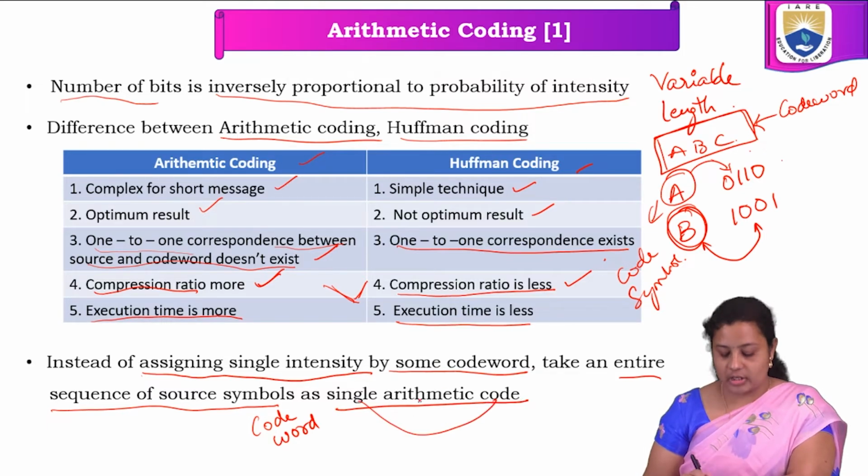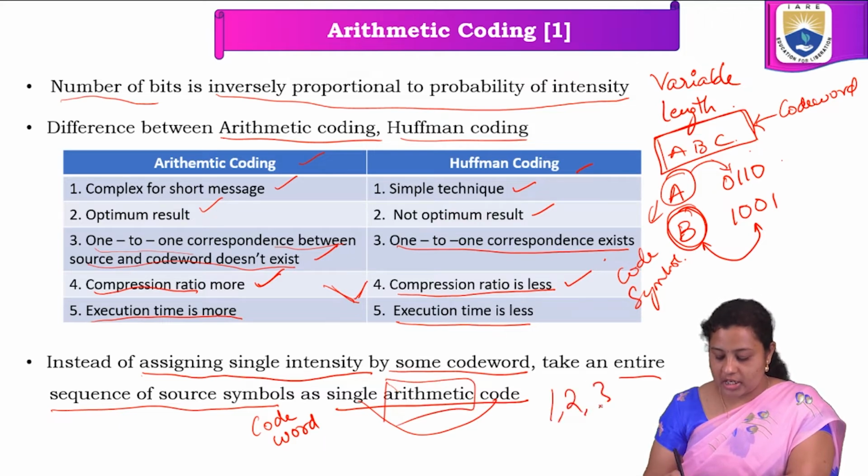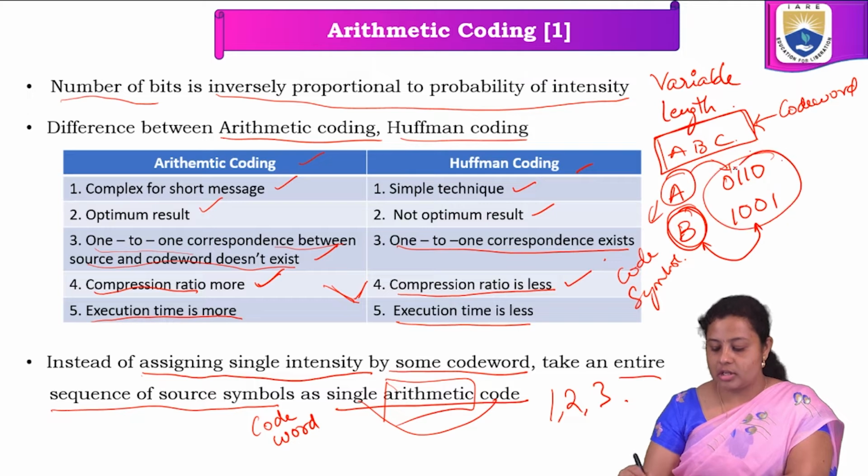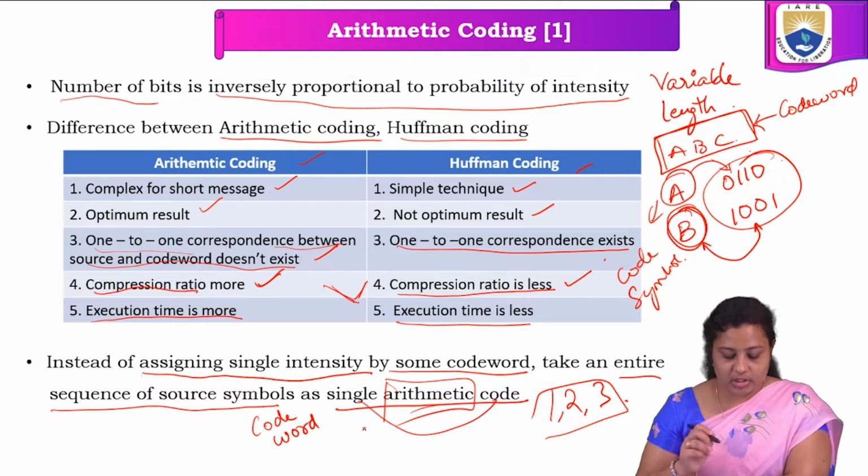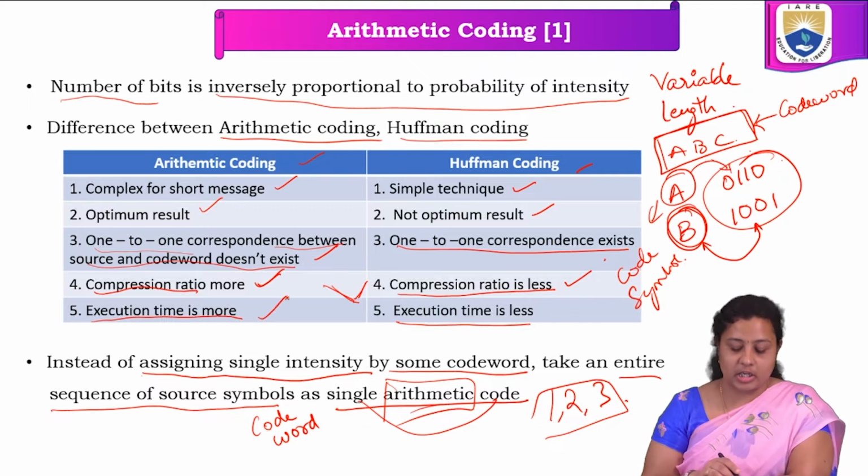What is that code? We give it as the arithmetic code, which will be a number. Instead of binary values, we represent it using an arithmetic code. Because of this, the execution time is more, it is a tedious one, and it is complex for short messages.